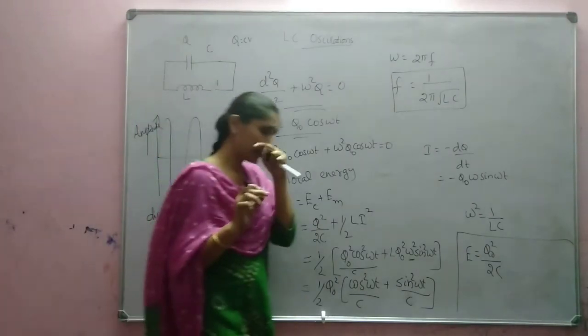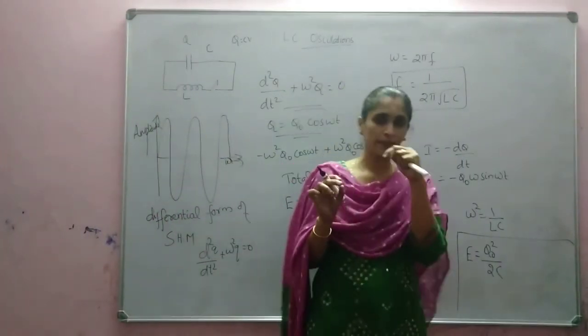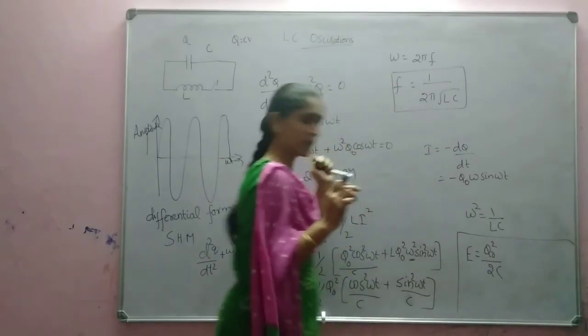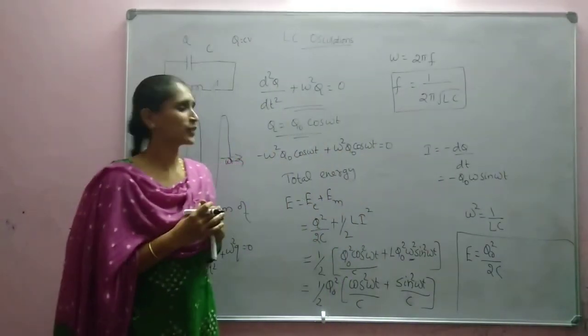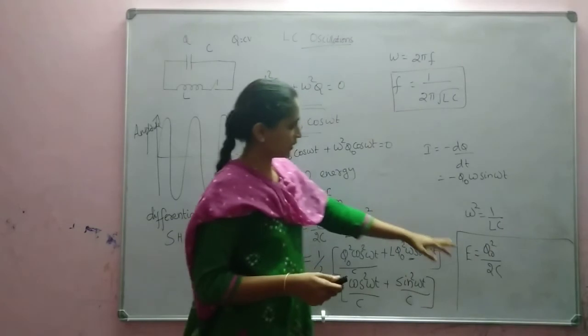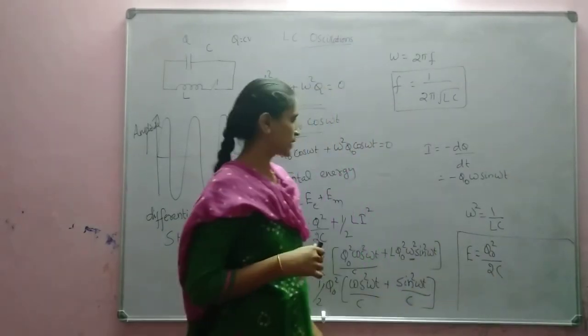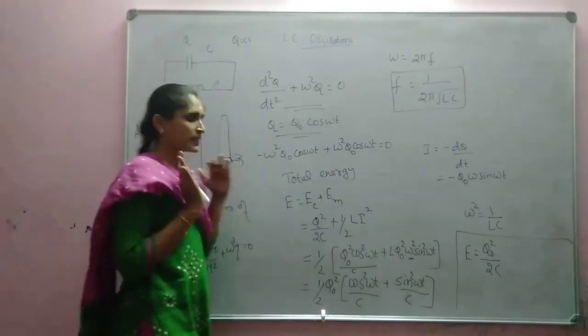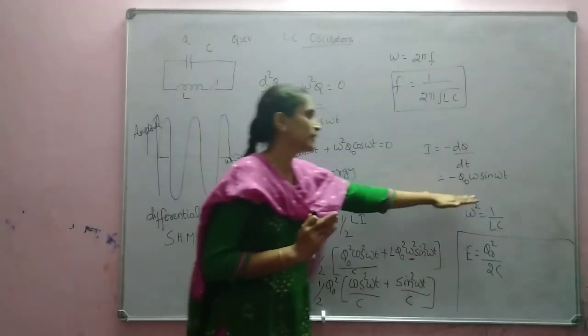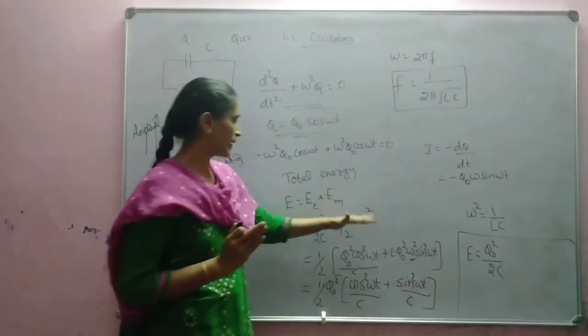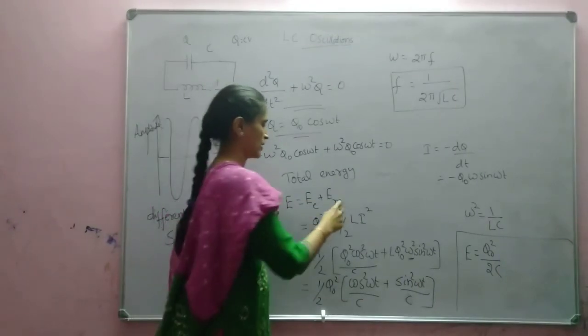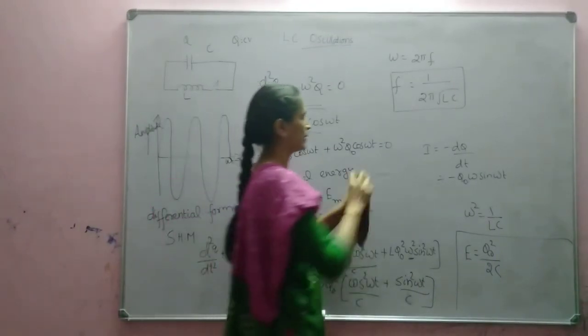So at t equal to 0 also, the energy is q0 square by 2C. At t equal to 0, what happens? We know that current is 0, so the magnetic energy will be 0.